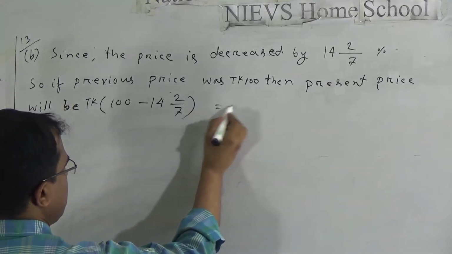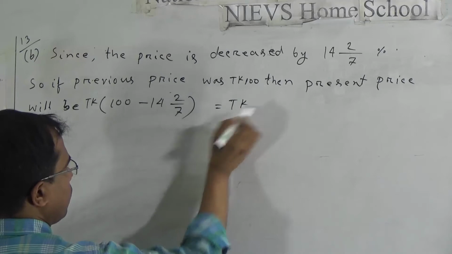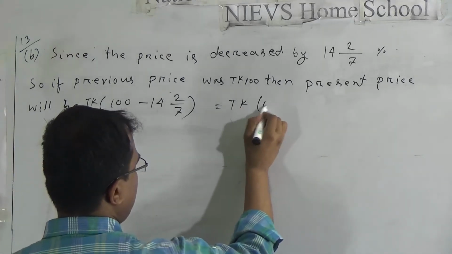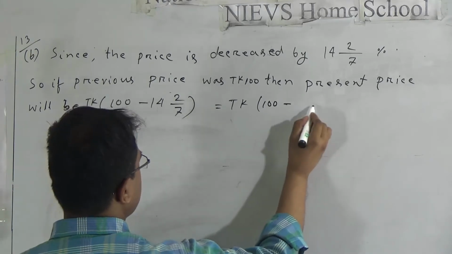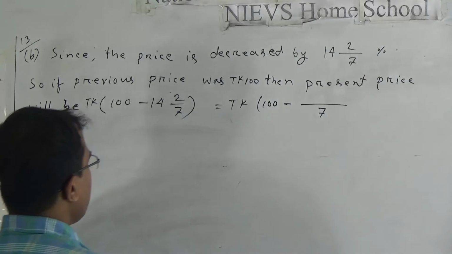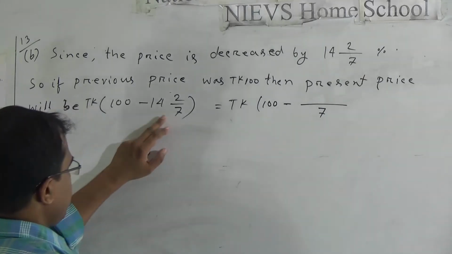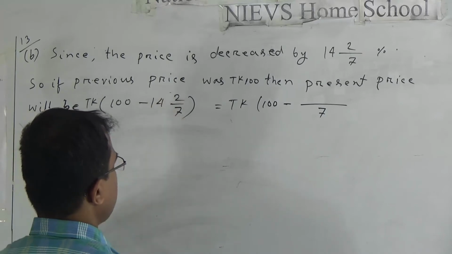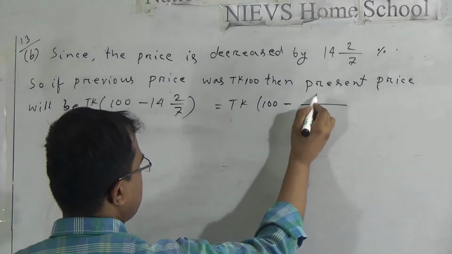This is equal to TK 100 minus, here 14 sevens are 98 and 98 plus 2 is equal to 100.